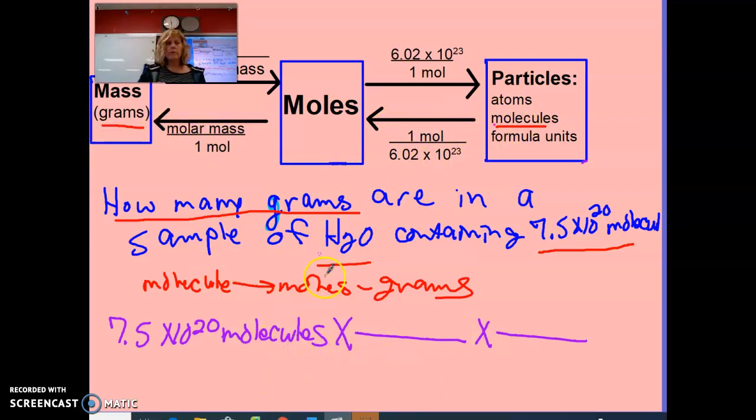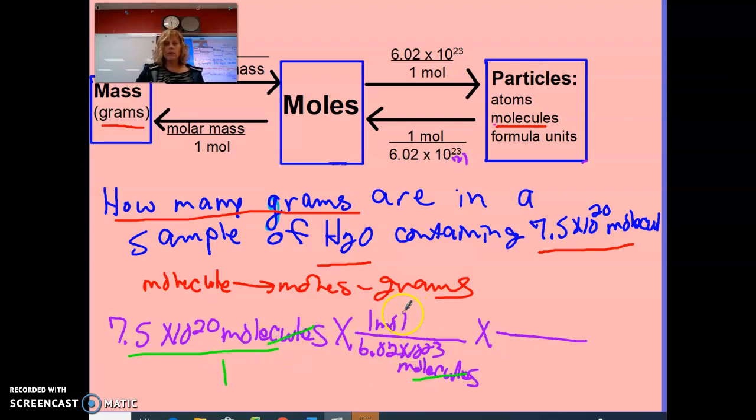So my first step is going to be to go from molecules to moles. The conversion factor is 1 mole over 6.02 times 10 to the 23rd, remember, in this case, this is molecules, right?